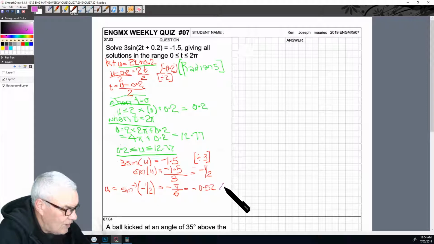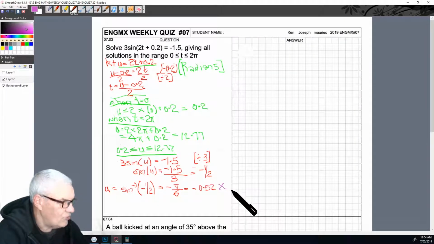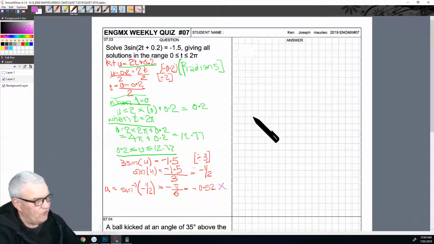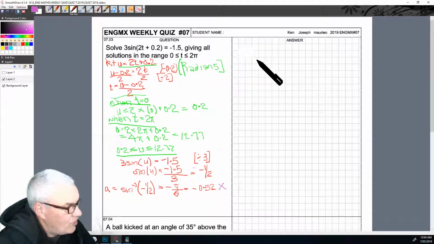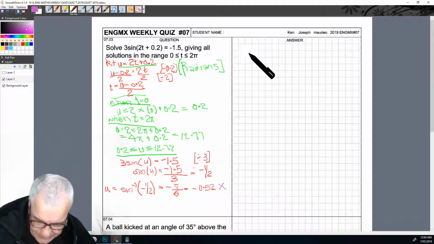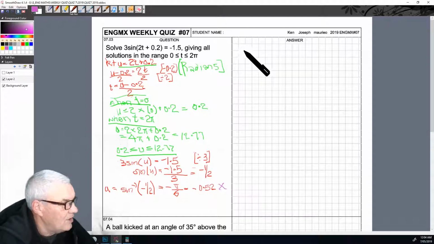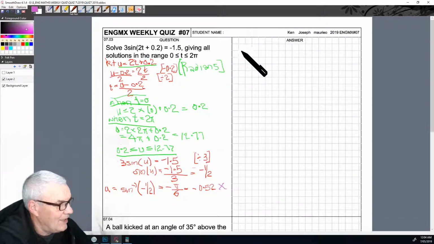So that's not a solution because it's not in our range. So now what we have to do is get solutions in the range, and we know we're dealing with a periodic graph.